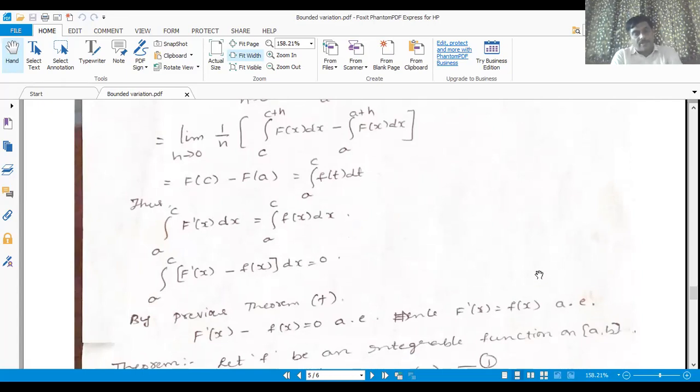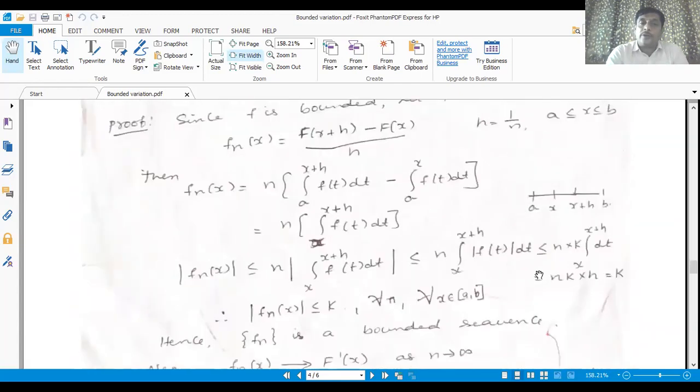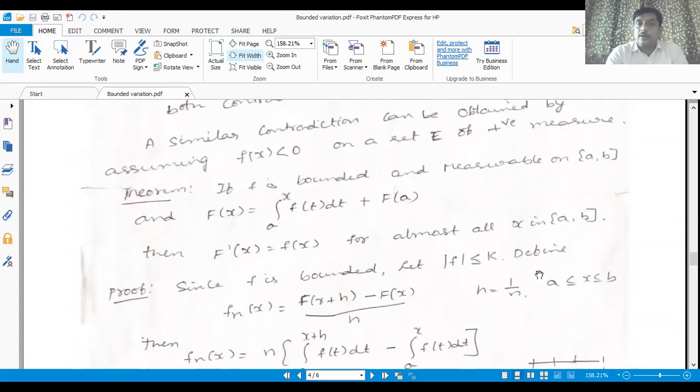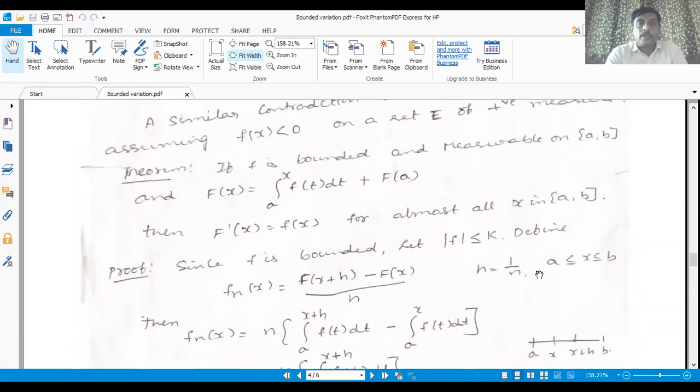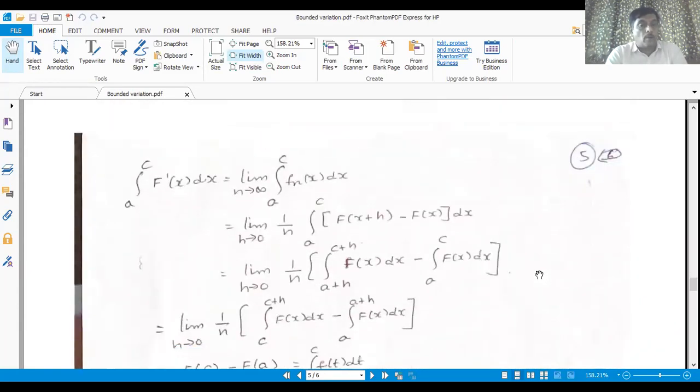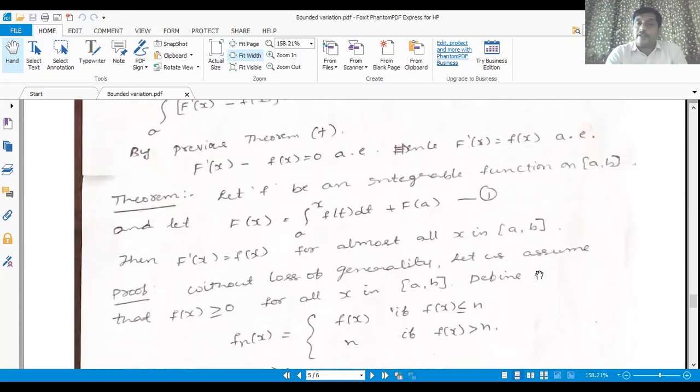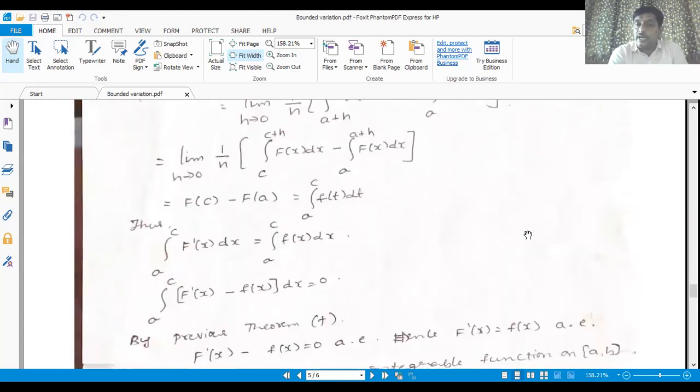This is one of the important theorems. There are two theorems. One of them is for bounded and measurable f, with this condition. And one more theorem we will prove now: f is an integrable function on the closed interval a comma b, and let F(x) be equal to the integral from a to x of f(t) dt plus F(a). Then F'(x) is equal to f(x) for almost all x in the closed interval a b.